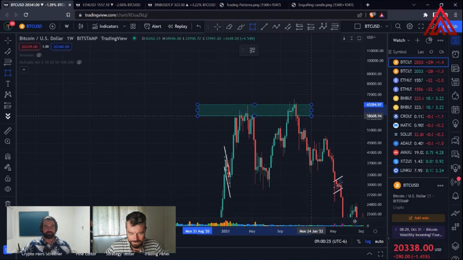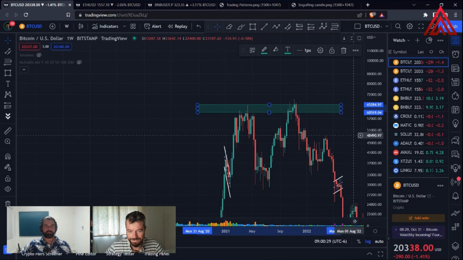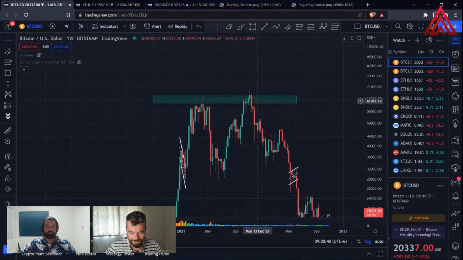You want to take that big wick up there, and you see that it closed pretty much at the top of this previous wick here, which was the previous high. And then we've got a big bearish engulfing candle.